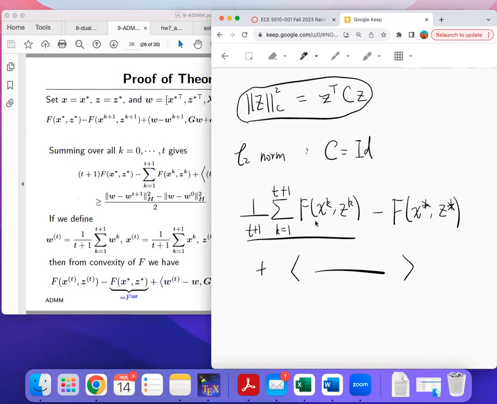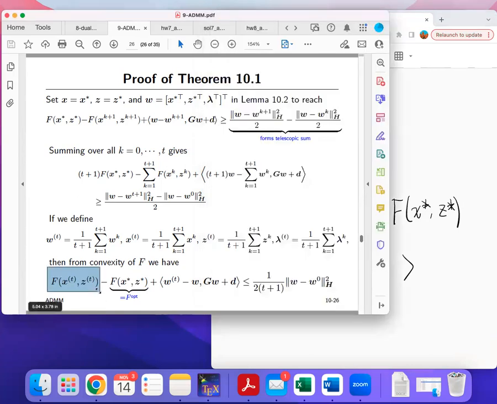So this one is bigger than or equal to the function value evaluated at the running average of these variables. So it's bigger than or equal to f(xt, zt), because f is a convex function. That's why we get this f(xt, zt) here, just by convexity.